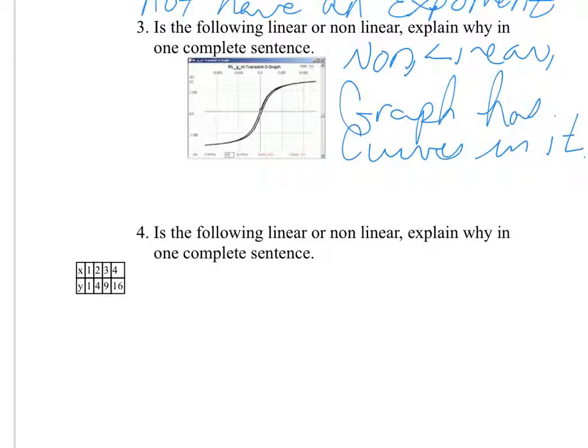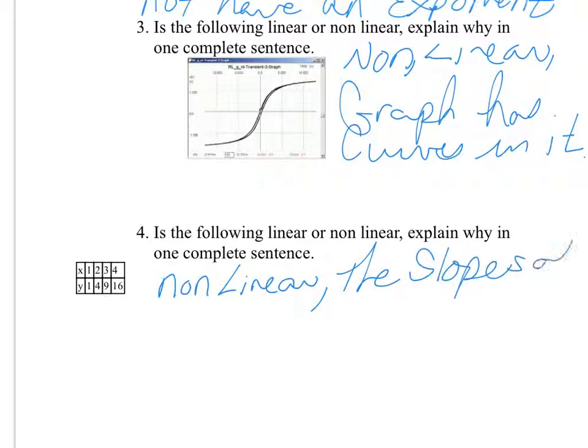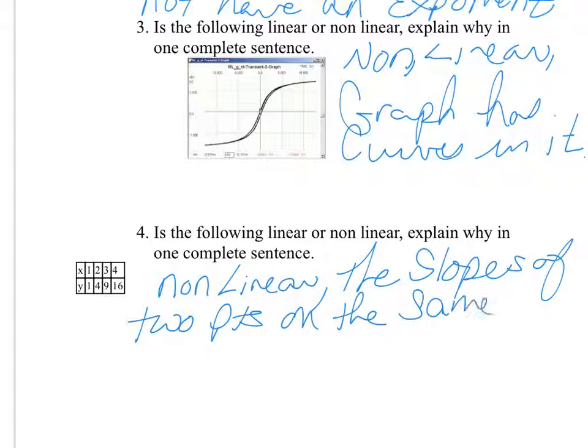Number 4. 4 should be nonlinear. If you found 2 of the slopes, they should not have been equal. So nonlinear, the slopes of 2 points on the same line are not the same.